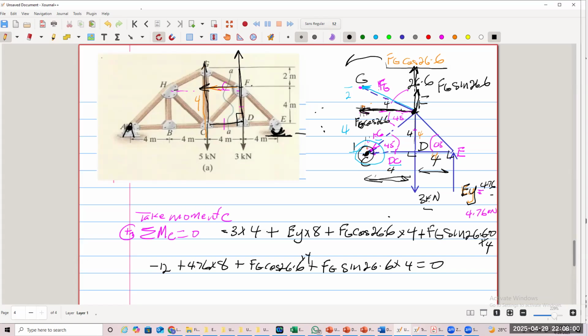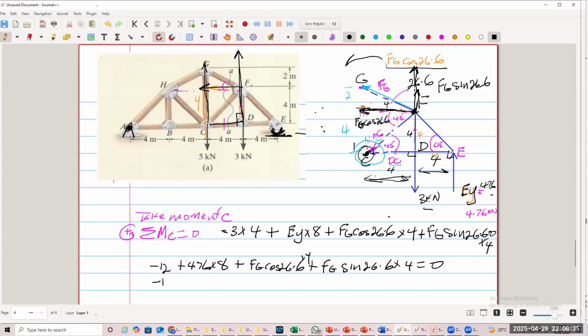What do these values work out to be? We're just getting FG: the sine and the cos of it. They are positive, right? We are seeing both of them are positive.